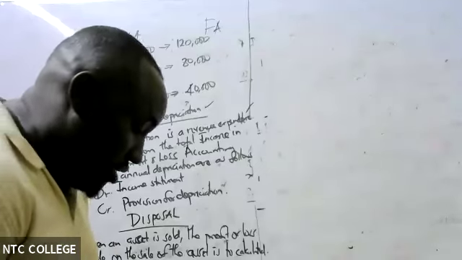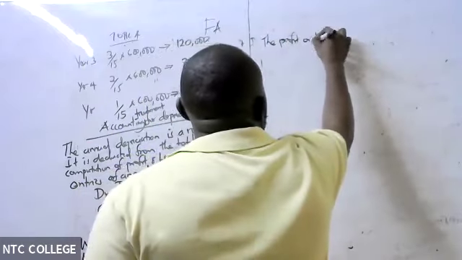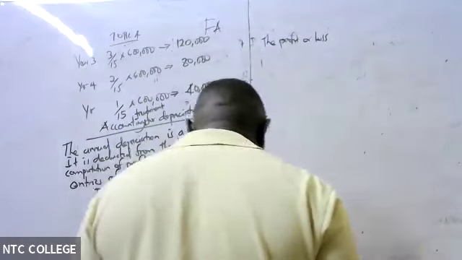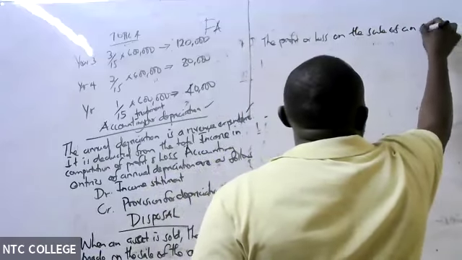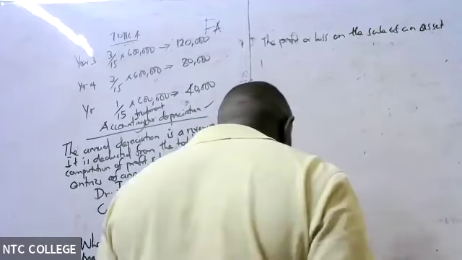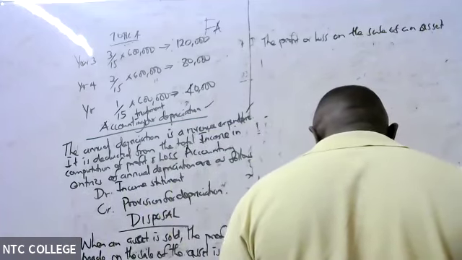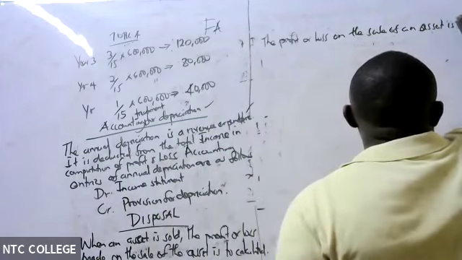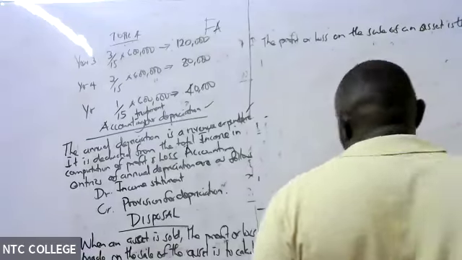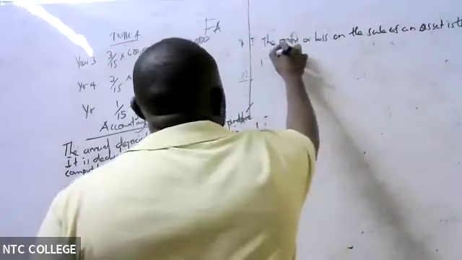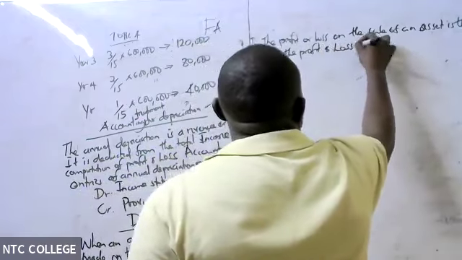So we can continue and say this: the profit or loss on the sale of an asset is then transferred to the profit and loss account.